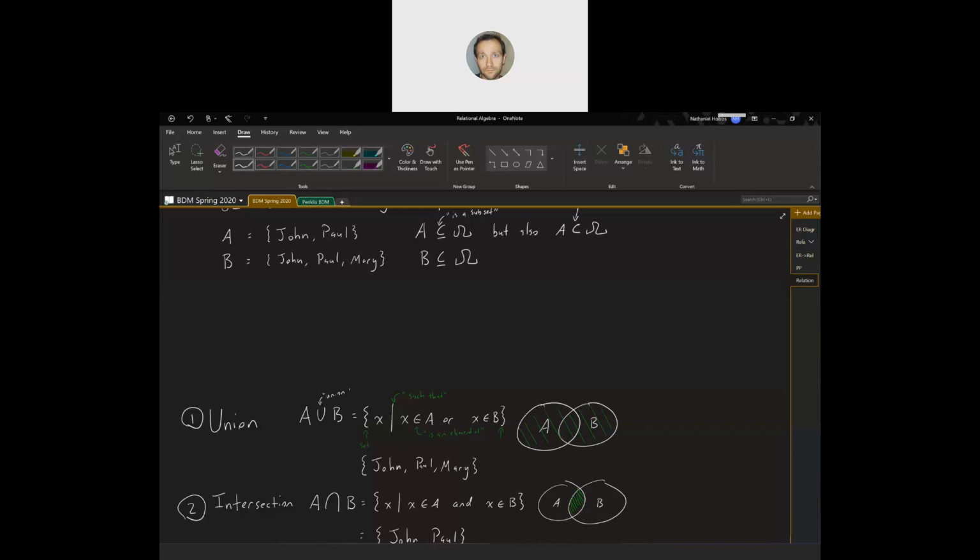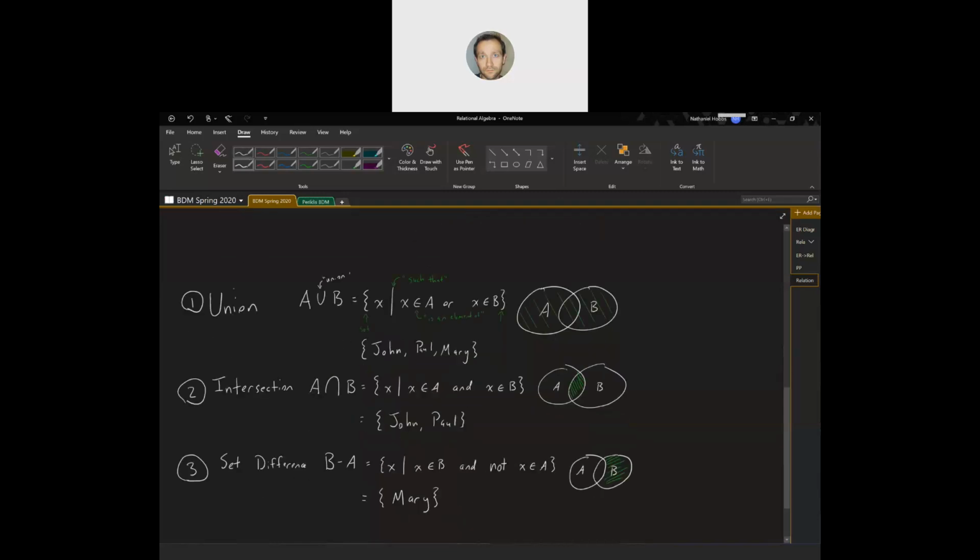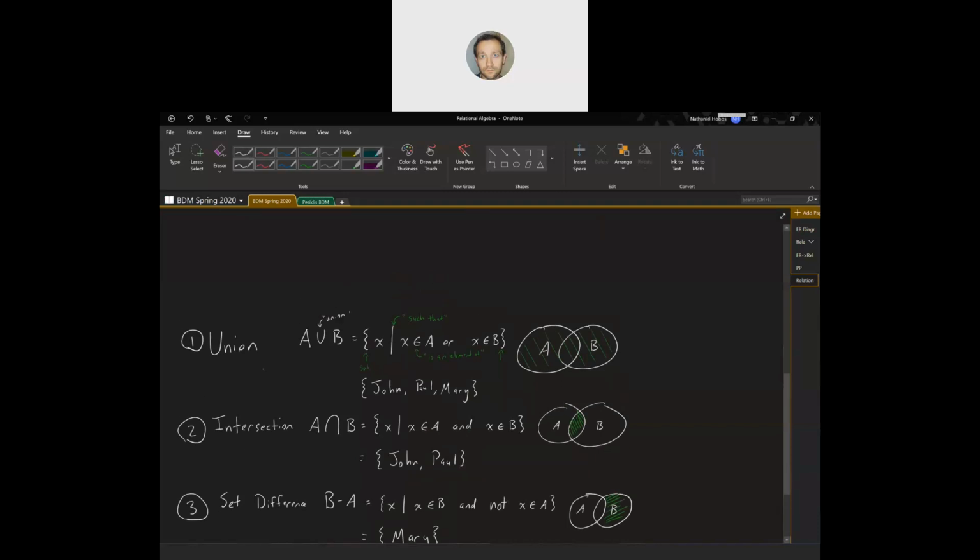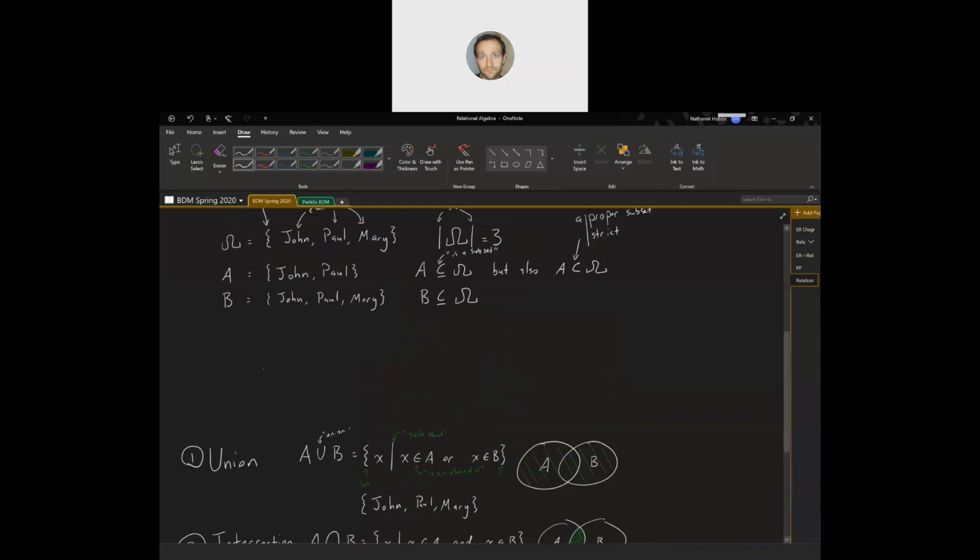So these that I'm numbering, these are operations in relational algebra. I want to define here another term, disjoint.